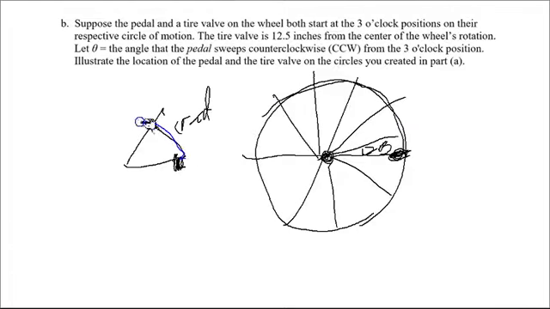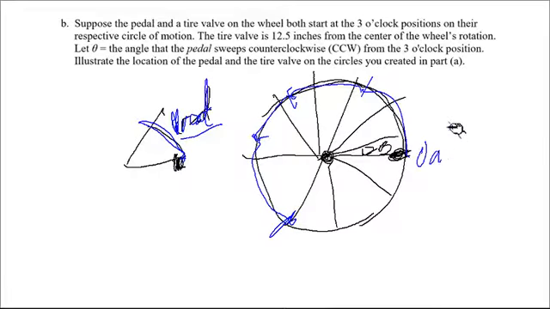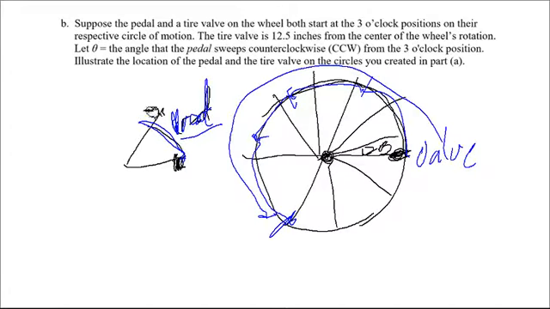So this might be 1 radian, and that is going to correspond to a change of 1, 2, 3, 4 radian change. So now our valve will have gone from there to that position, whereas our pedal will have moved only 1 radian. I hope that's clear.